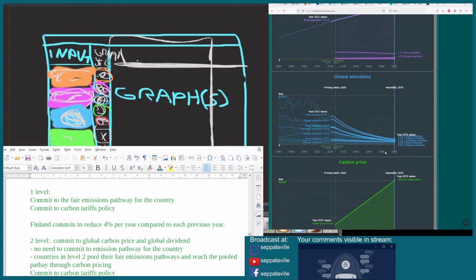But then we have to take those different populations into account, because when we calculate the trajectory towards the goal, and I think also the goal itself, you have to make sure that the national targets add up to the global targets, and then there are countries like China with a billion people.